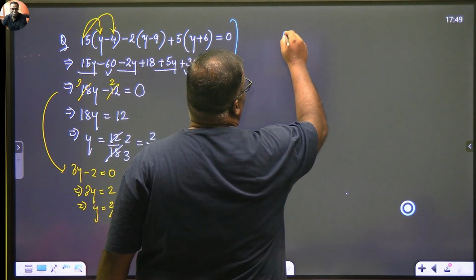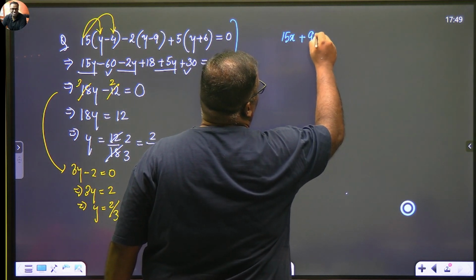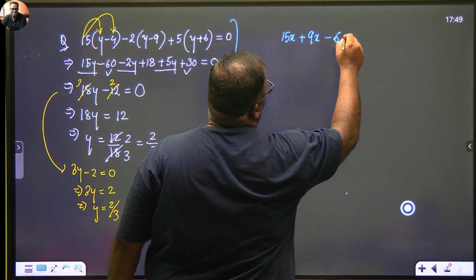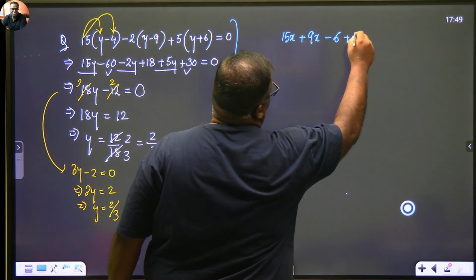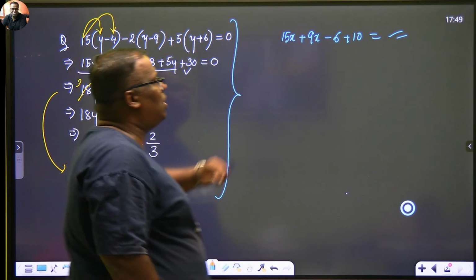15x plus 9x, minus 6 plus 10. Okay, you have a step equal to something. So what is your query now?